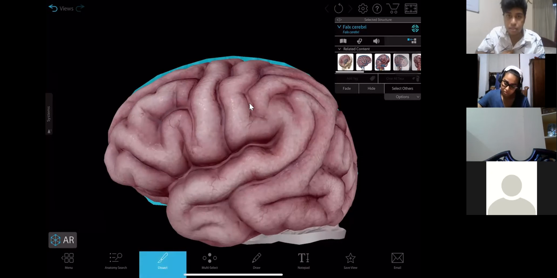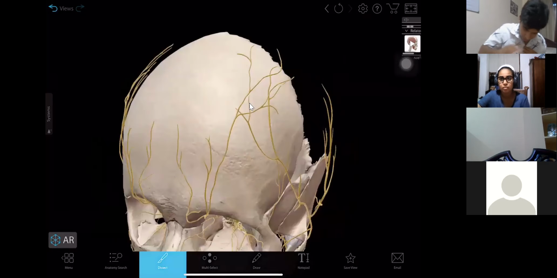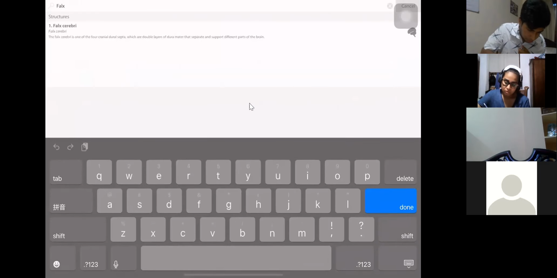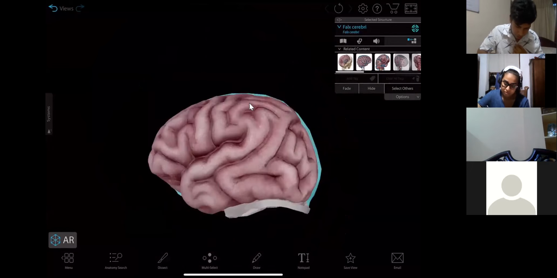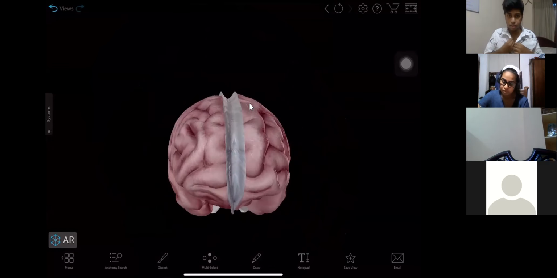Can you guys see this diagram? You can see this 3D structure, right? Now look at this. I'm dissecting everything. Look at this from front to back. You can see the falx structure.